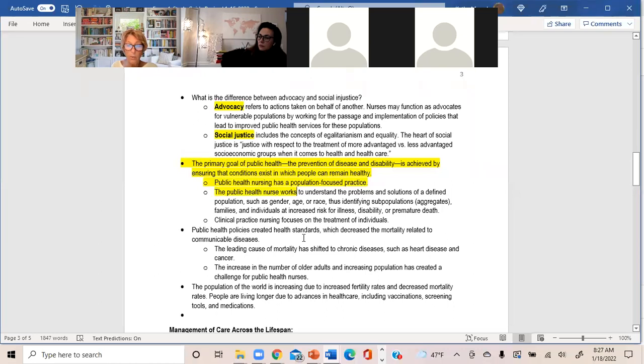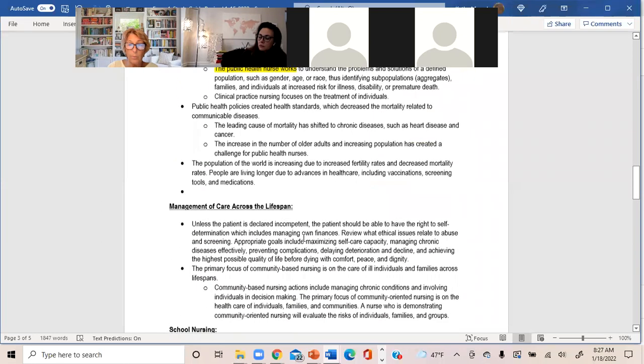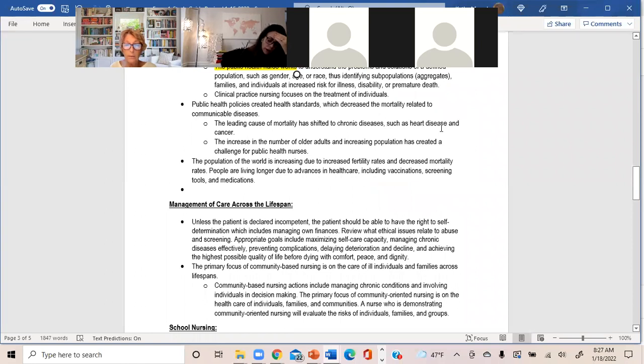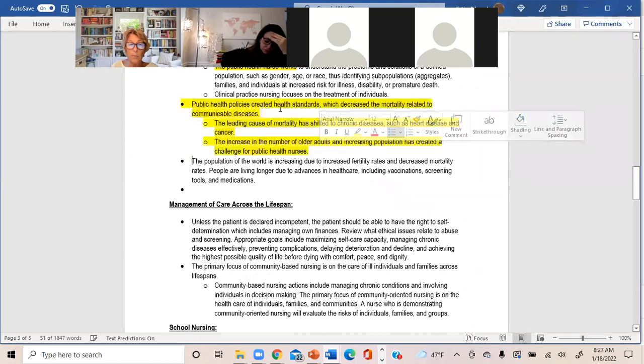Public health policies create health standards which decrease mortality. Okay, this is important because these are big statements. Public health policies have created health standards which decrease the mortality related to communicable diseases. When you see big statements like this, the leading cause of mortality is shifted to chronic diseases. What kind of question might you get?